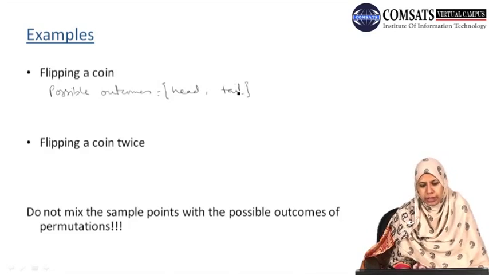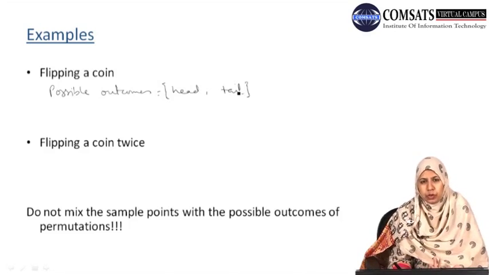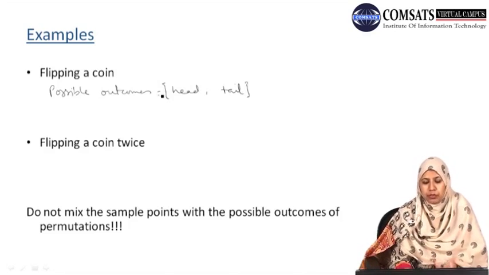So when we flip a coin, we have only two options. These are the set of all possible outcomes, a head or a tail.